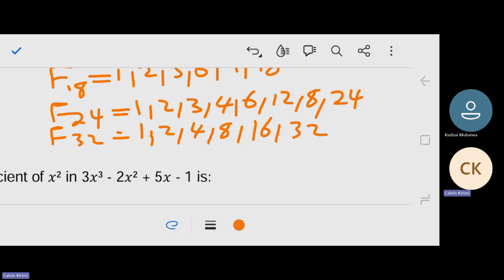You must know whether a number goes into 32 or not. 12 goes twice and leaves a remainder of 8.